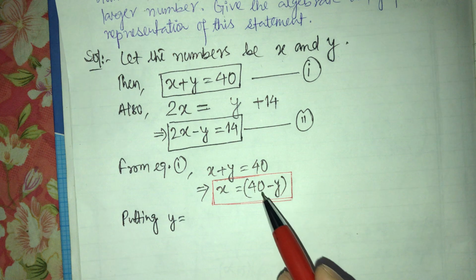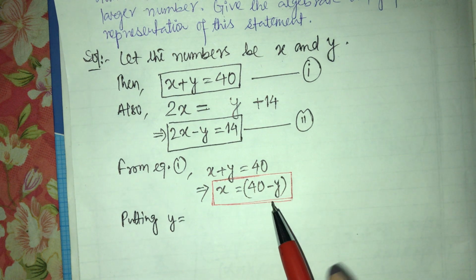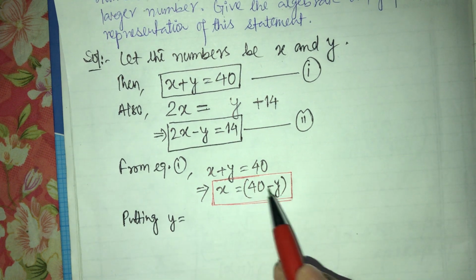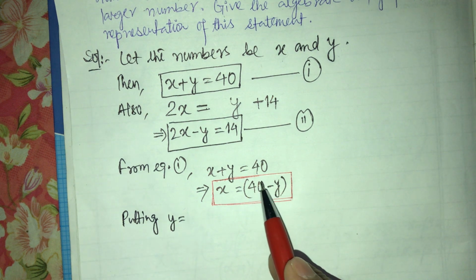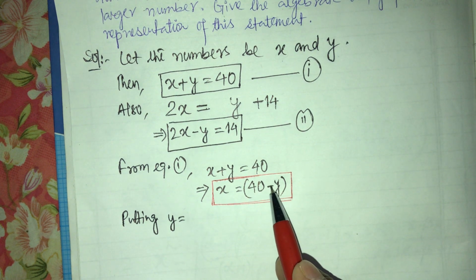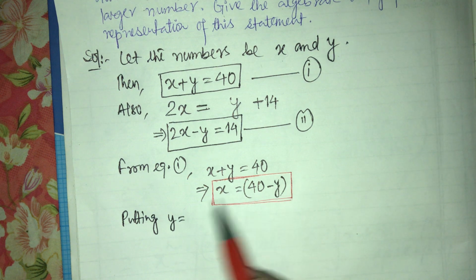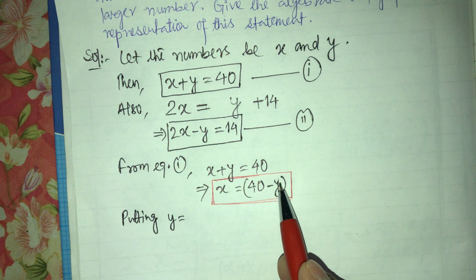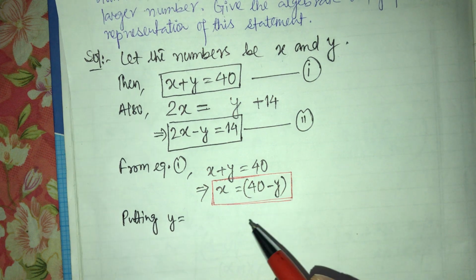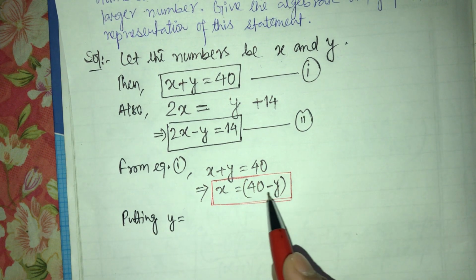So this is 40, it's quite a big number, in terms of tens, 0 is there. So the value we assume for y should be in tens only, a multiple of 10.